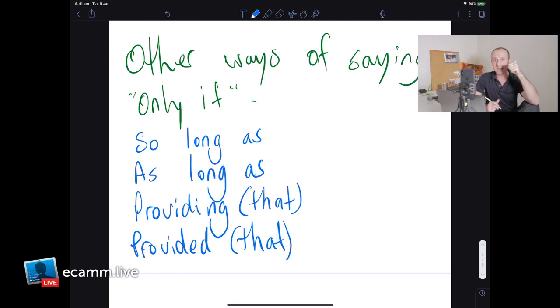So, only if means one thing is needed for another to happen. All right? It's about the best explanation I can give. If we start a sentence with only, then we can use inversion. Then we have different ways of saying only if: so long as, as long as, providing that, and provided that. You only need to pick a few, and it might very well work.